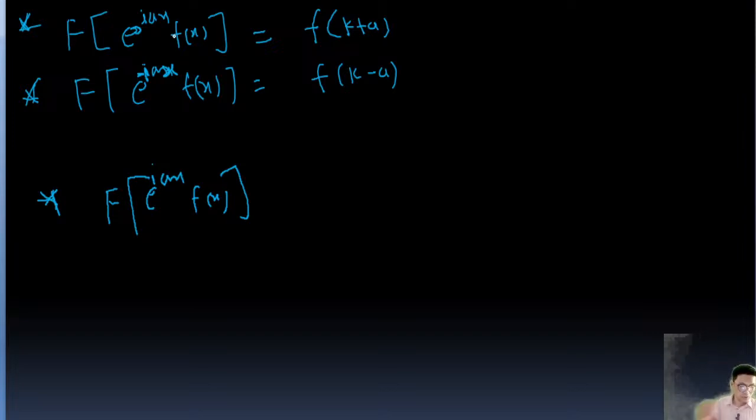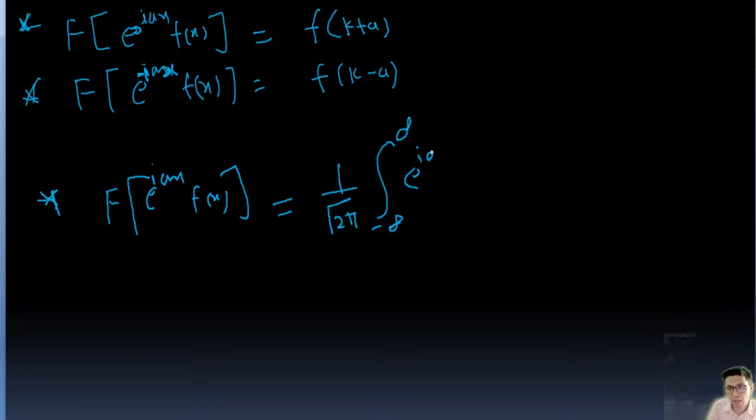By definition, this is going to be 1 upon root 2 pi, integration from minus infinity to plus infinity of e to the power iota ax into f(x) and e to the power iota kx dx.